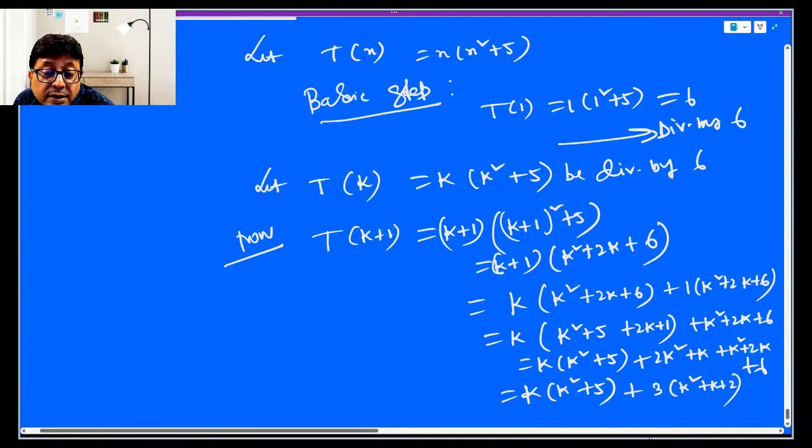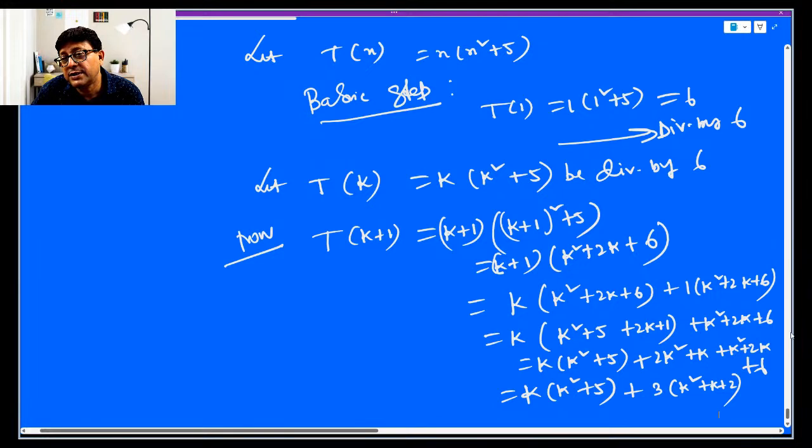Is that clear? You all understand? We got it there. But still it is not proved. What term we have got? That extra term 3 into k square plus k plus 2. Isn't it? 3k is there, this plus 2.